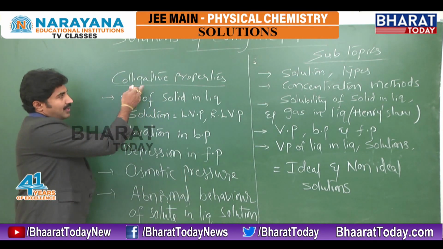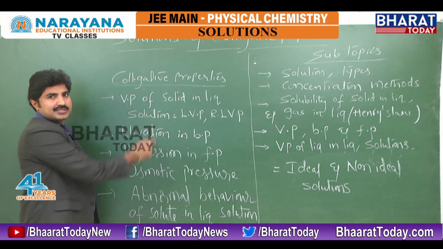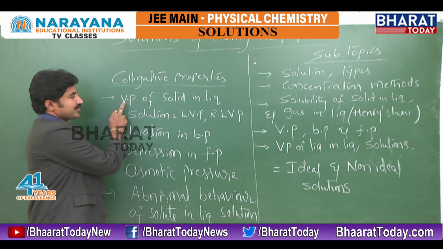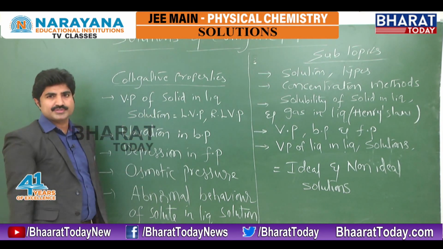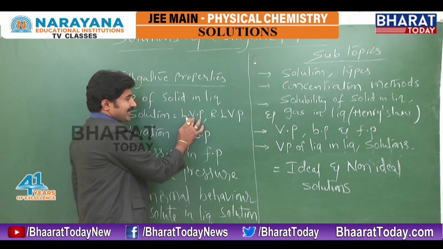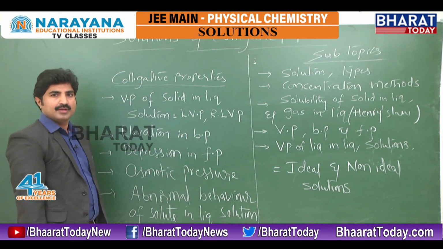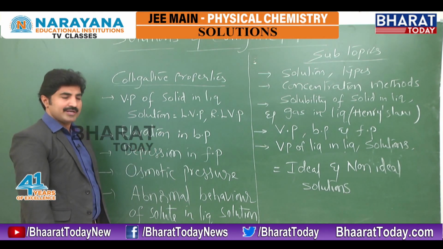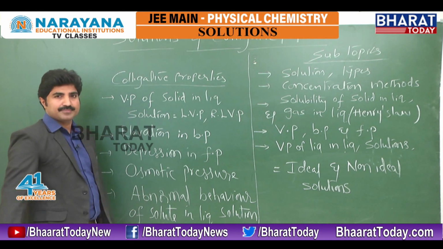Next, colligative properties, which are studied for a non-volatile solid in liquid type solutions. There, we are going to study lowering in vapor pressure and relative lowering in vapor pressure. Other colligative properties are elevation in boiling point, depression in freezing point and osmotic pressure.